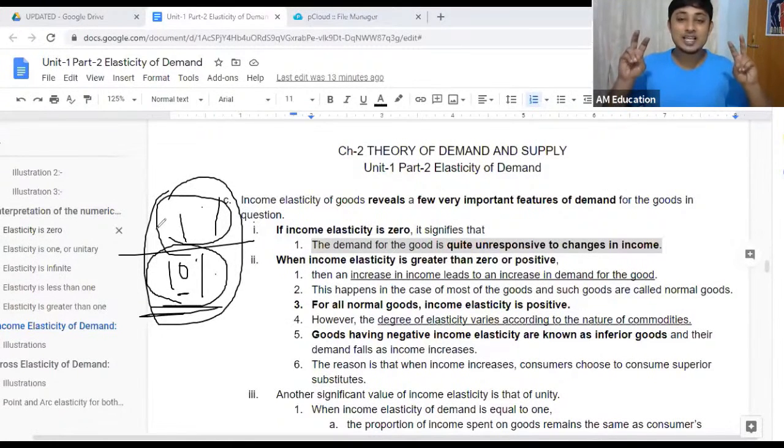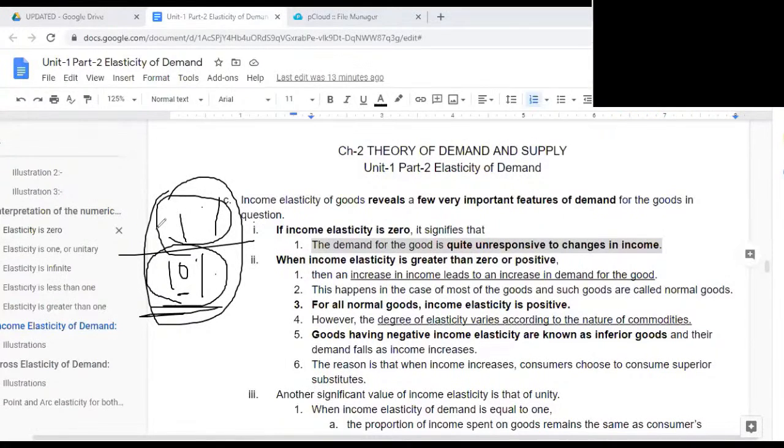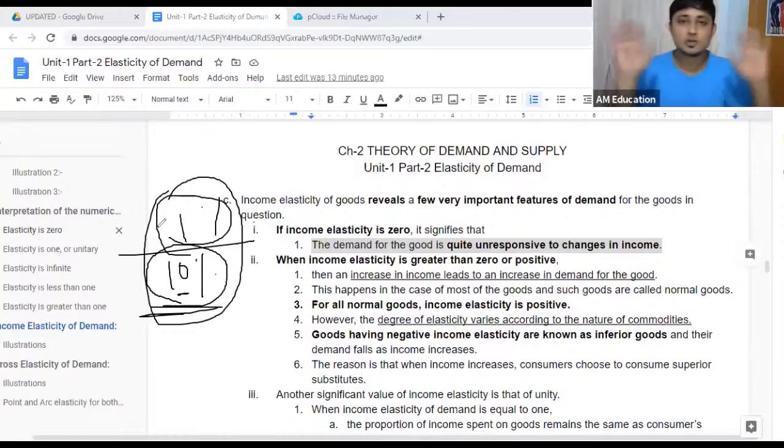So if anything has a demand behavior like this, as the income increases, the demand for that product increases, those goods are called what goods? Normal goods. As income increases, their demand is also increasing. TVs, mobile phones. Your income increases, the demand is increasing, no?